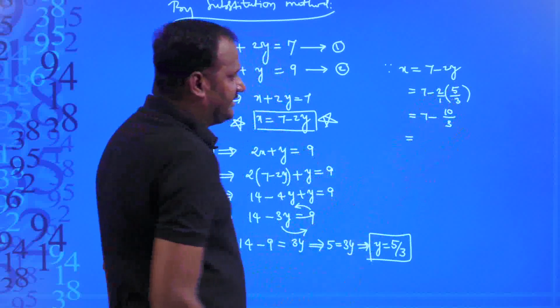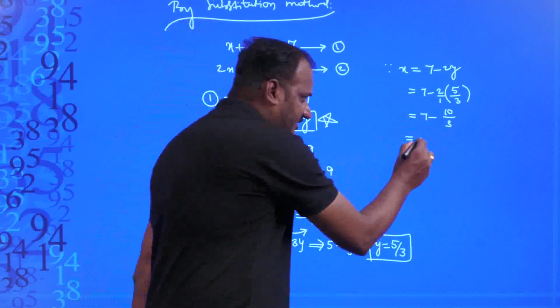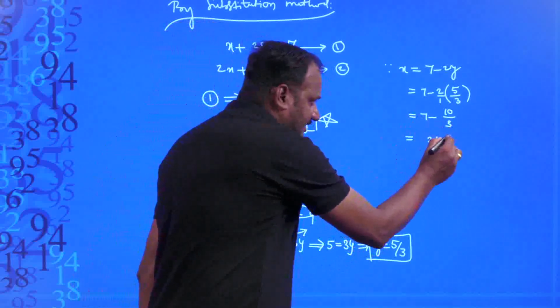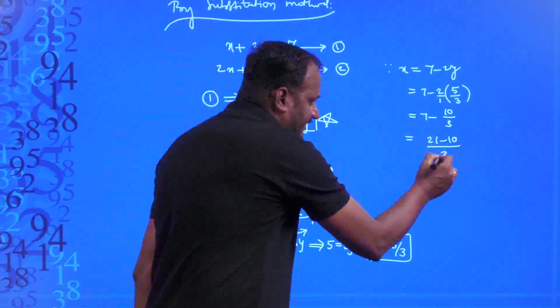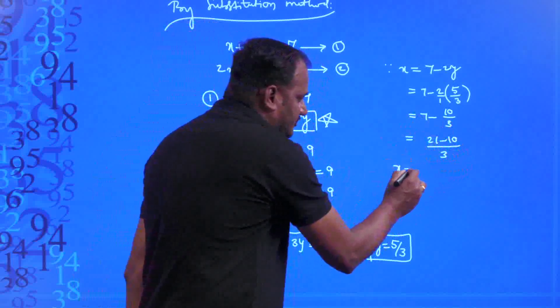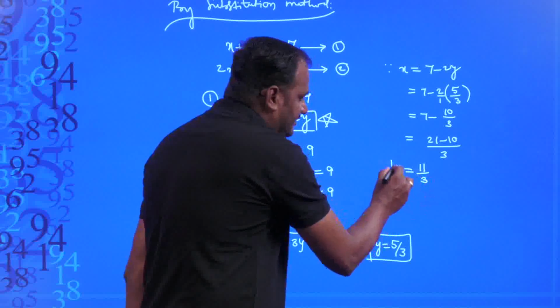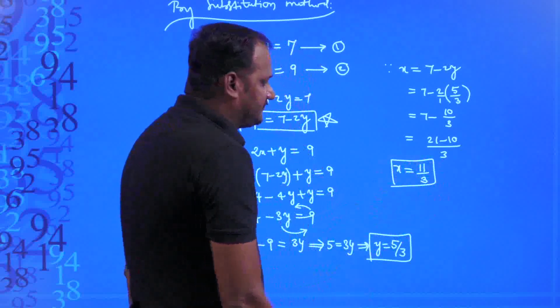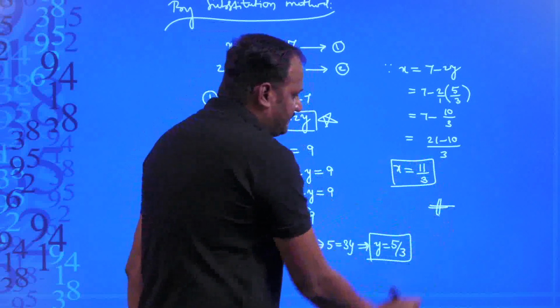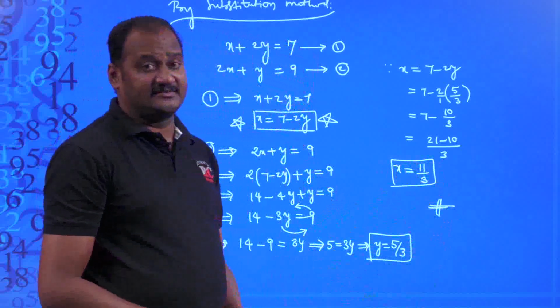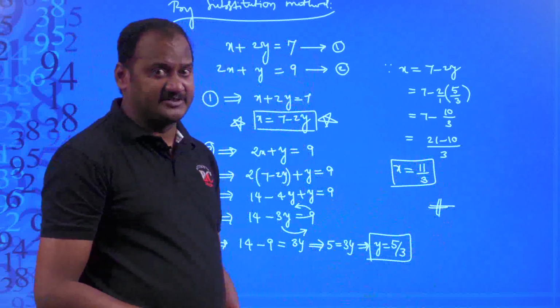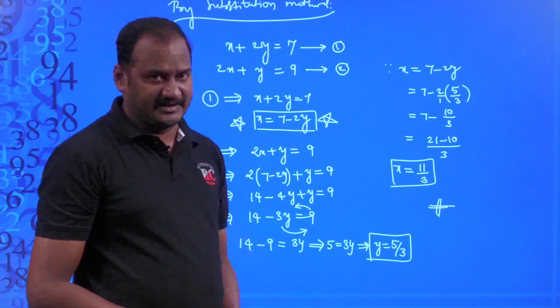So, if you simplify this, 3 7s are 21 minus 10 divided by 3. So, the value of x is going to be 21 minus 10 is equal to 11 divided by 3. So, this way you can find out the values of x as well as y by substitution method. Hope you understand.